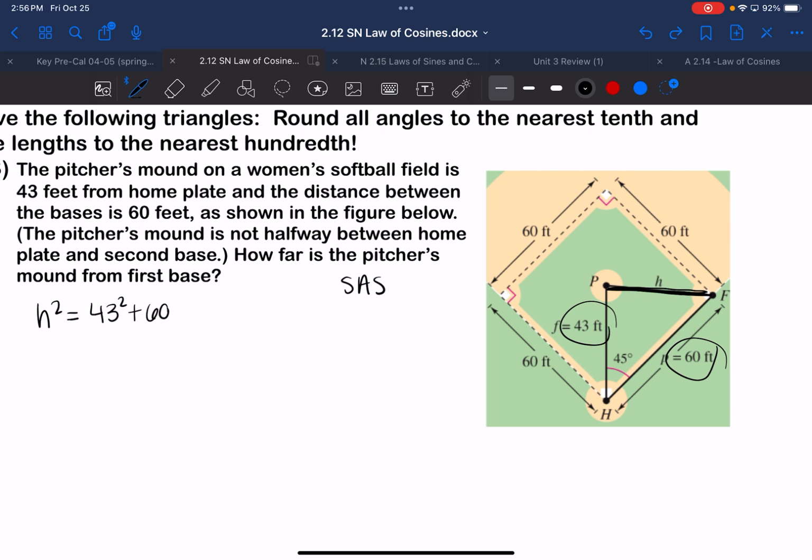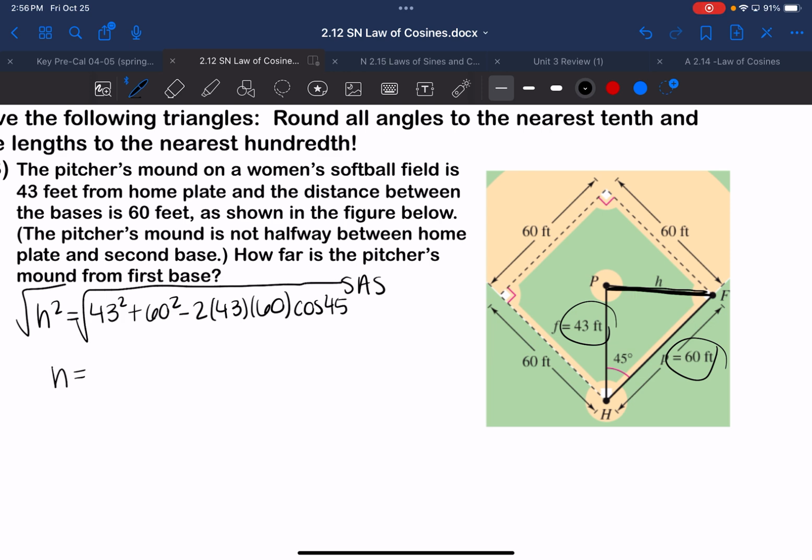Oops, not degrees, but squared. Okay. Minus 2 times those two numbers, times cosine of our angle. And what's the angle we know? 45. All right, and I want h, not h squared, so what do we do? Take the square root.